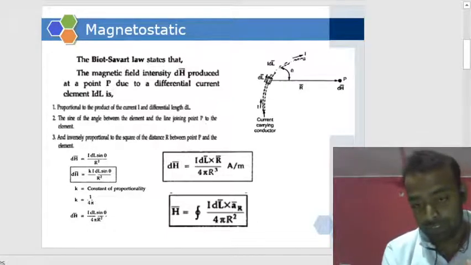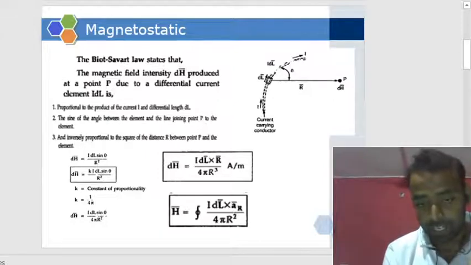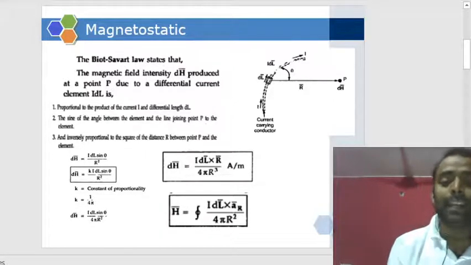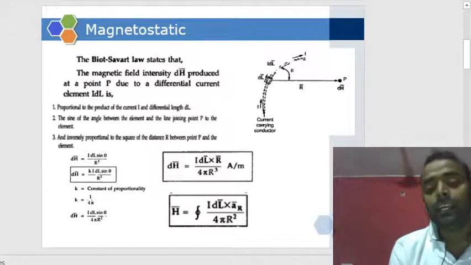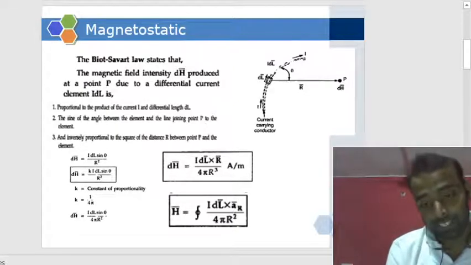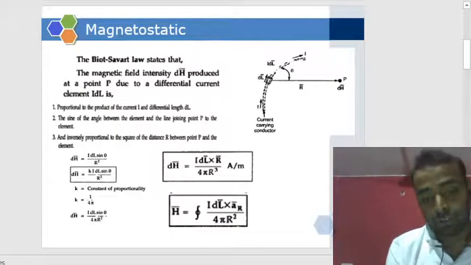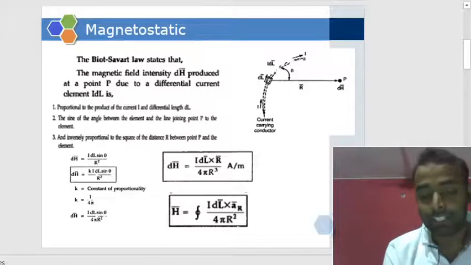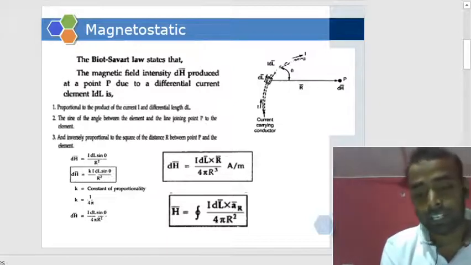Is it understandable? समझ में आ रहा है सबको? Okay, now we can integrate it. If we want to know H from dH, we'll integrate between its limits. It's a line integral, we'll definitely get a line integral.